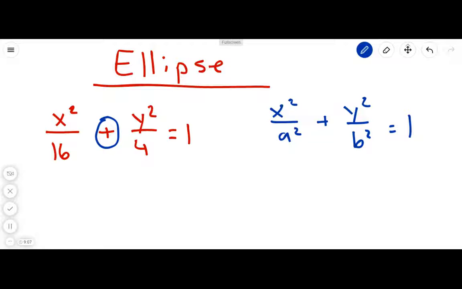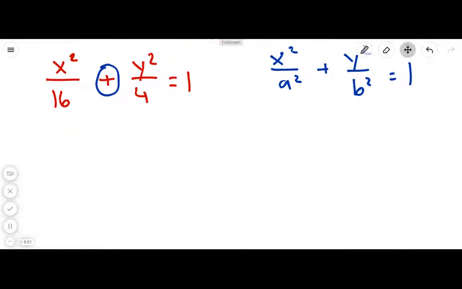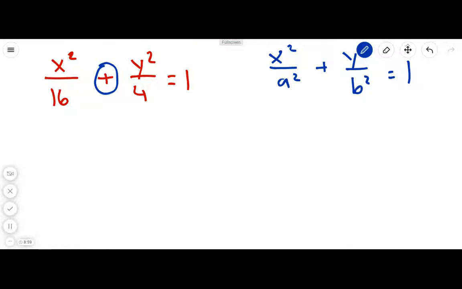We know that a is the highest number, right? So let's simplify our equation first. Okay. So we have x squared over 4 squared plus y squared over 2 squared, which equals 1.